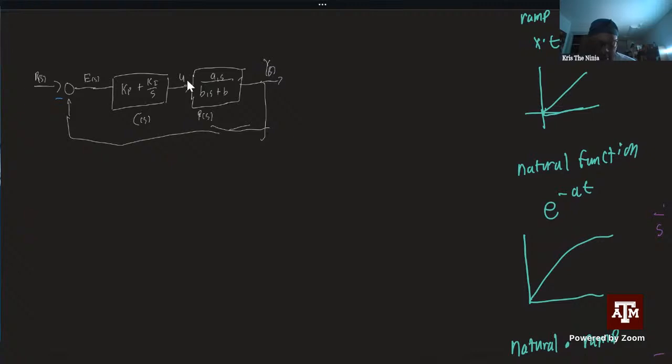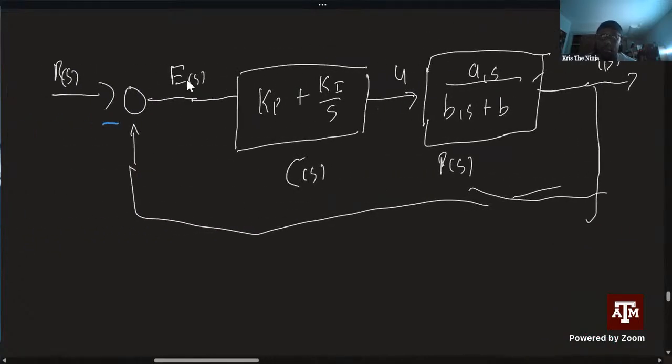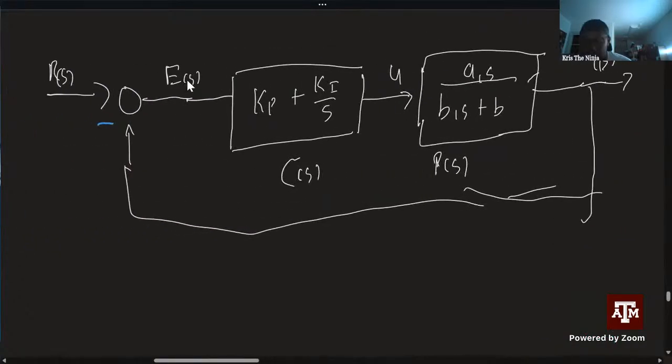So we want the transfer function of this right here. We have plus and minus.